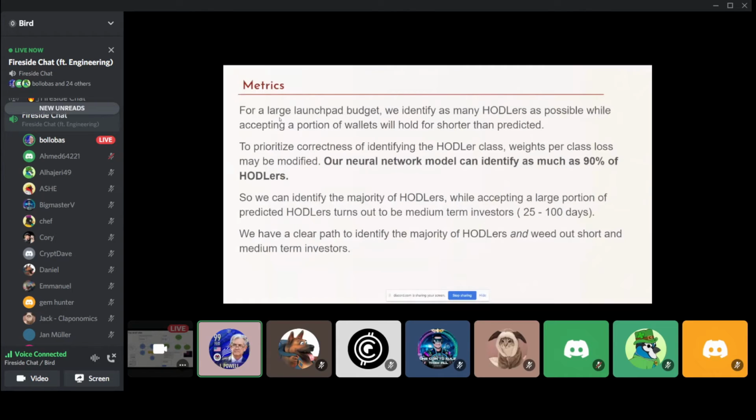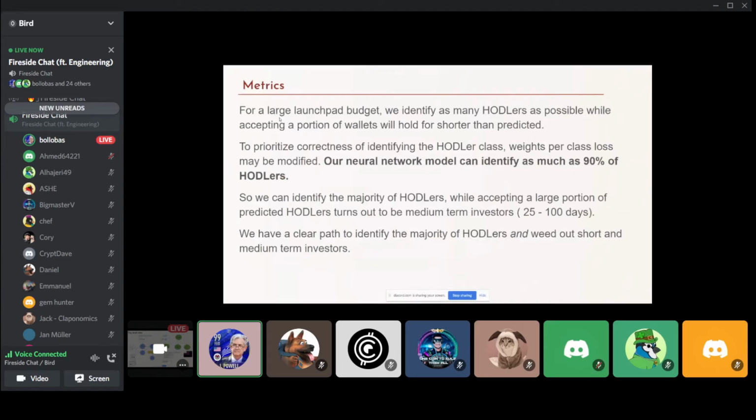Okay, so this is how I think about what metrics to care about. If this Launchpad is working with a client project with a large budget, the goal of that project is to find as many hodlers as possible while accepting that a portion of what we think are hodlers will dump this token earlier than we thought.